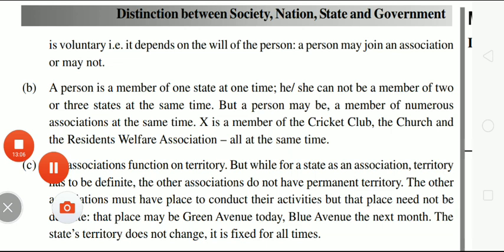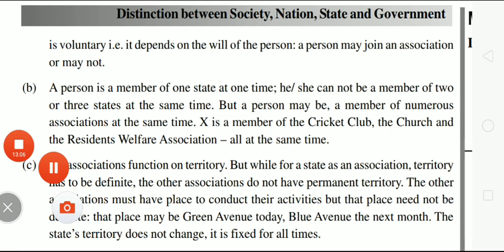D. All associations, including the state, exist to perform and achieve certain ends, but for the state the purpose is always general, maintenance of law and order, for example. For the other association, the purpose is usually specific, particular.